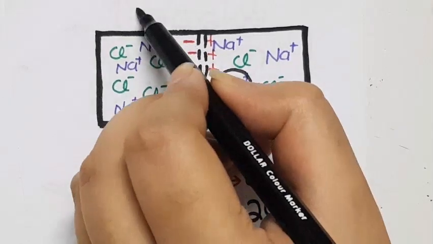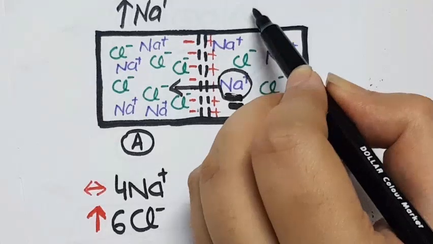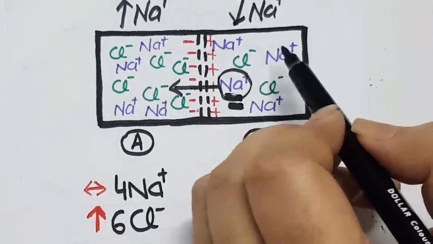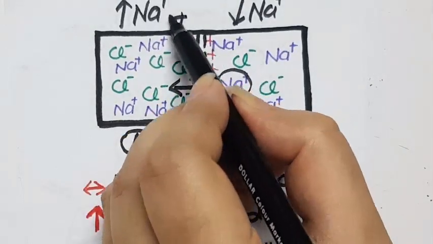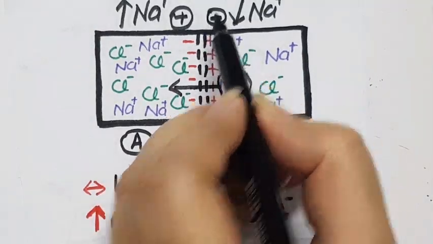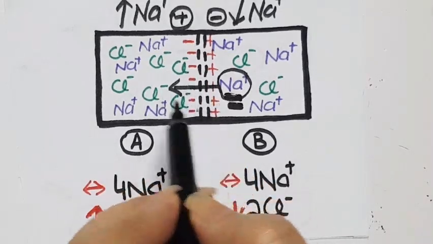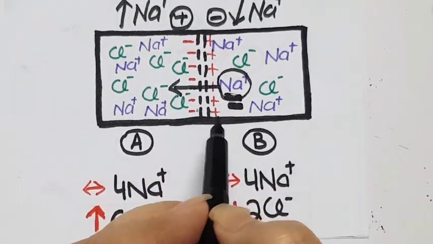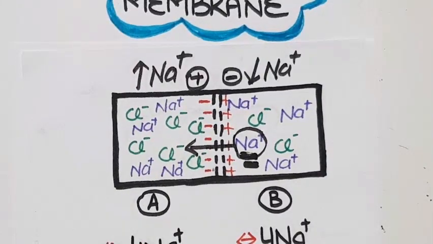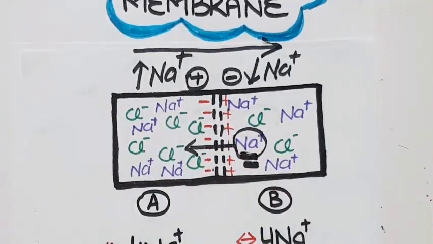Now sodium ions on the A side will increase in concentration, and on the B side the sodium ions will decrease in concentration, due to which a positive charge is created on the A side of the membrane and a negative charge is created on the B side. As a result, this whole process will reverse and sodium ions will start diffusing from A towards B until an equilibrium is achieved.